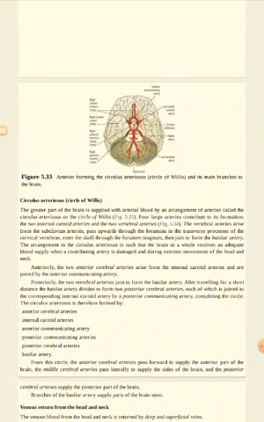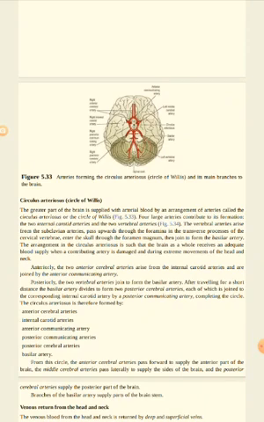Anteriorly, the two anterior cerebral arteries arise from the internal carotid arteries and are joined together by an anterior communicating artery. Posteriorly, two vertebral arteries join together to form the basilar artery. After traveling a short distance, the basilar artery divides into posterior cerebral arteries, completing the circle.